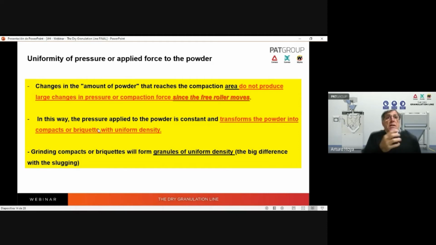But this variation in compaction pressure impacts the binding of particles, impacts the hardness of the briquette, and of course will produce variability in the density of the granules, and this will have an impact on the particle size, particle distribution, and on the hardness or compactability of this kind of powder.